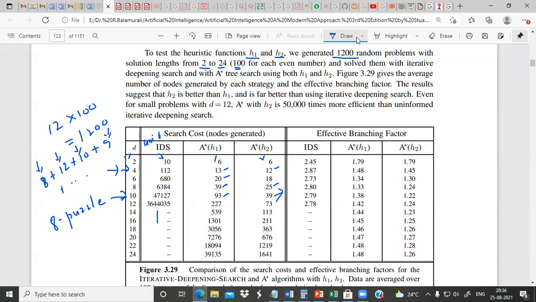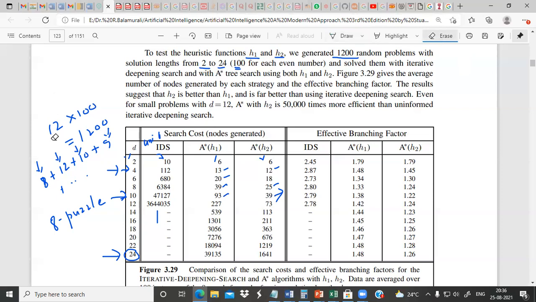For the depth of 24 also there are 100 problems, and the average number of nodes generated with H1 is 39,135, whereas with H2 it's only 1641 nodes. So the point we are discussing here is that heuristic H2 performs better than H1.